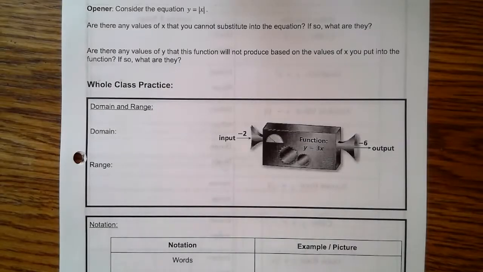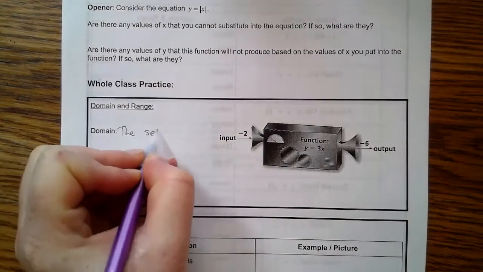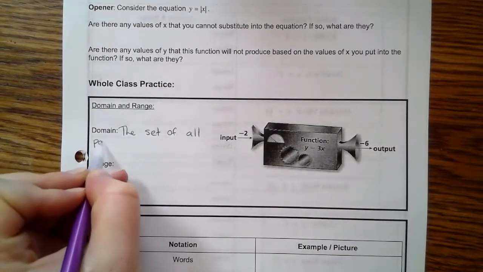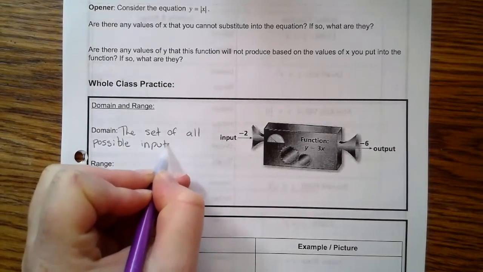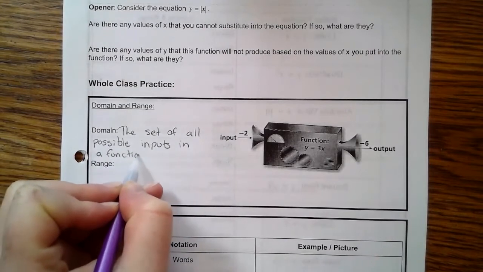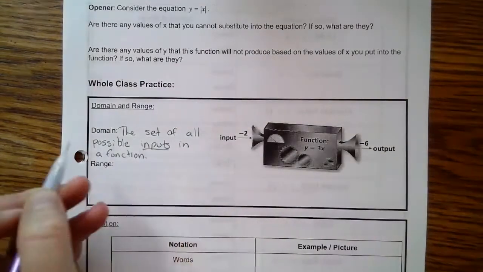So today we are talking about domain and range. Domain is the set of all possible inputs in a function. So domain is talking about your x values because x values are inputs.